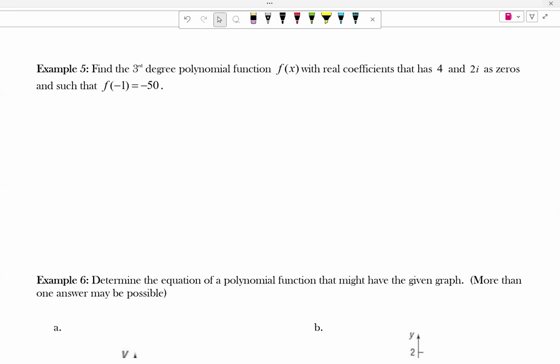And check with your neighbor once you get the answer. Or if you're stuck, of course, check with your neighbor.